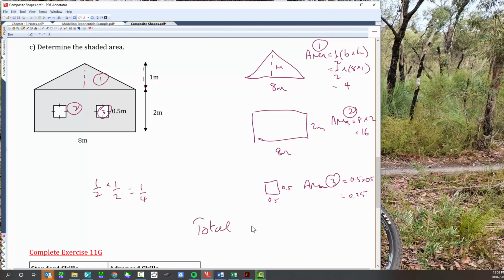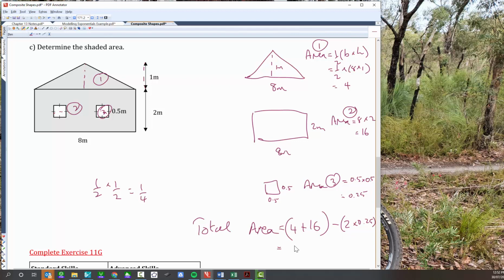All right, how are we going to find the total area? So total area equals. All right, what I'm going to do is add shape 1 and 2 together, which is 4 plus 16. I'm going to do that first. And then what I want to remove is 2 lots of this cutout here, 2 lots of these windows, if you will. So that's 2 lots of the area of one of them, which is 0.25.